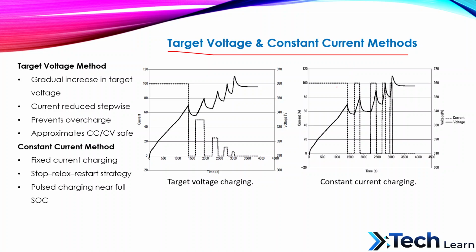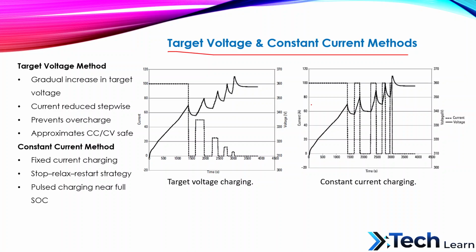Because CCCV has limitations in large packs, alternative strategies must be used. Here in the target voltage method, an initial voltage slightly below the final CV voltage is selected, and the battery pack is charged at maximum allowable current.